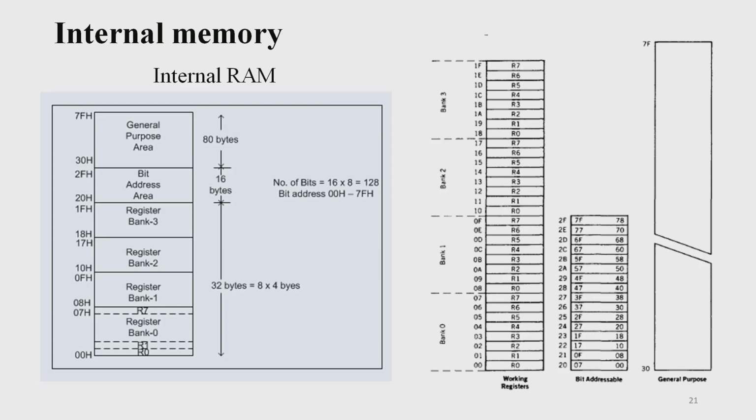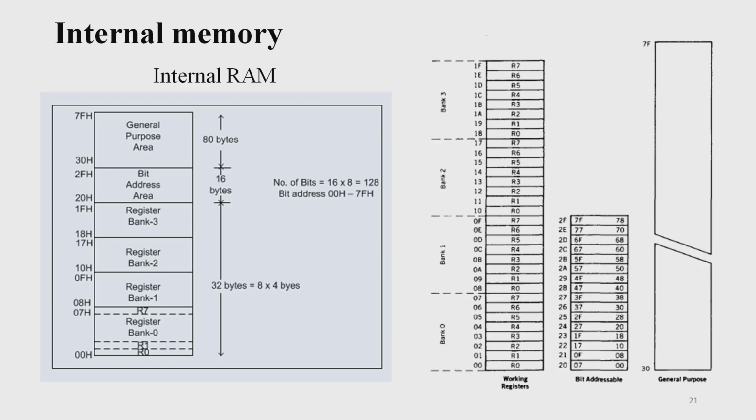The first distinguished area is the 4 banks of registers within the 8051. The second is the bit addressable area, and the third is the general purpose area, which is used for any type of instruction as well as to write the program.